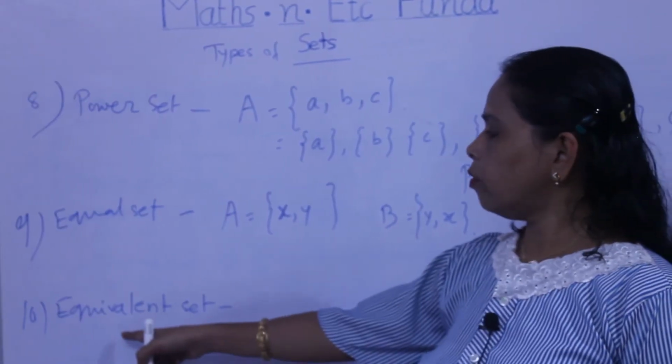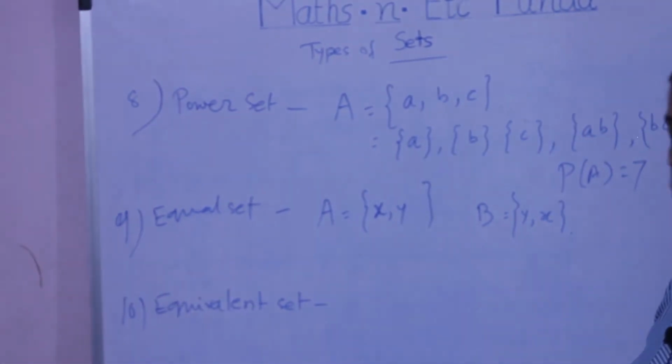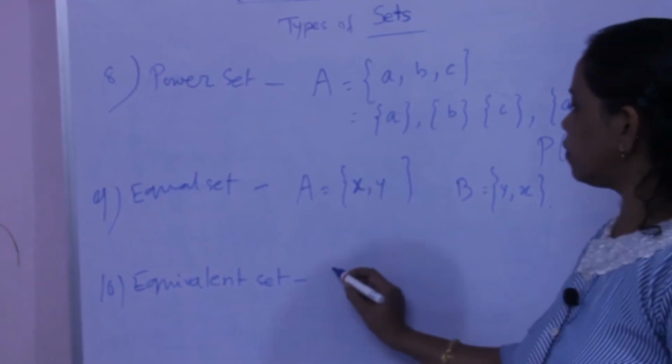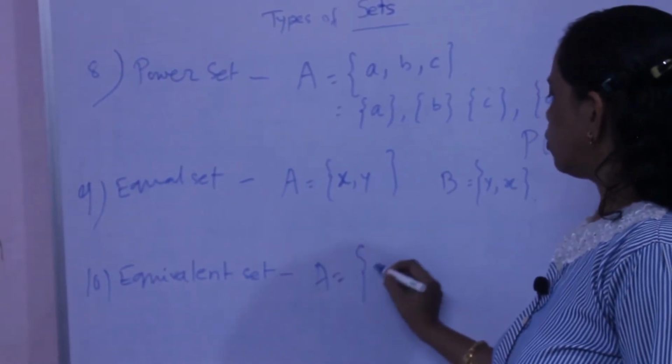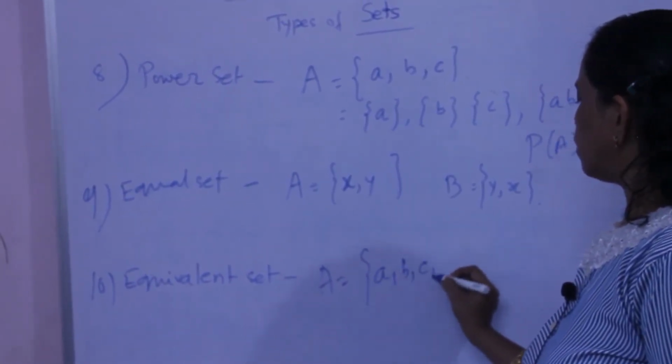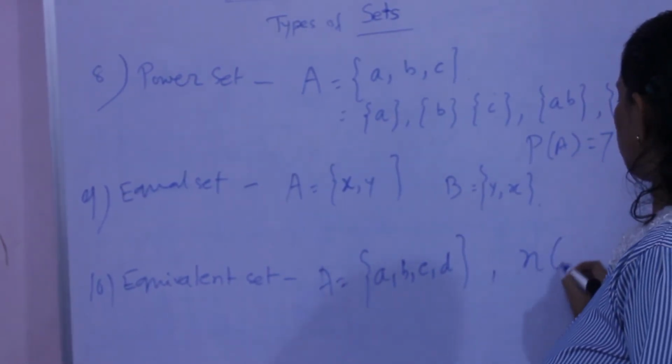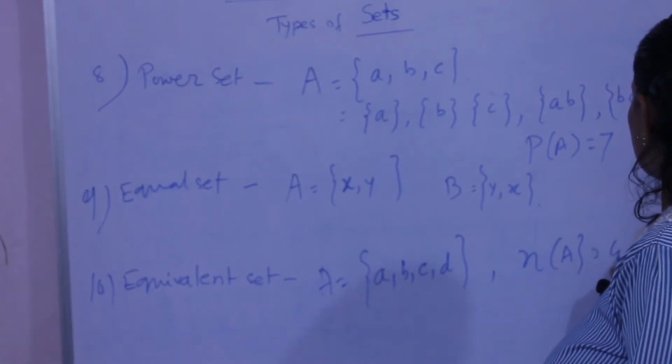Now I am coming to equivalent set. What is an equivalent set? Suppose this is set A, it contains elements A, B, C, D. So what is the number of elements here? 4.